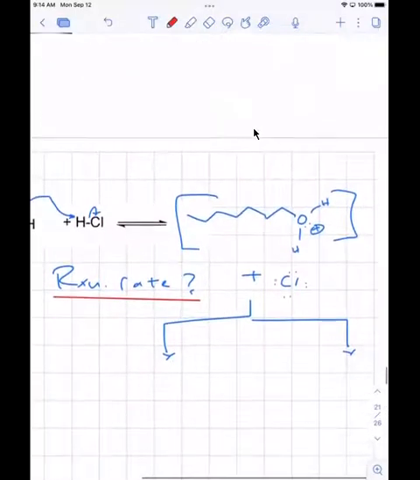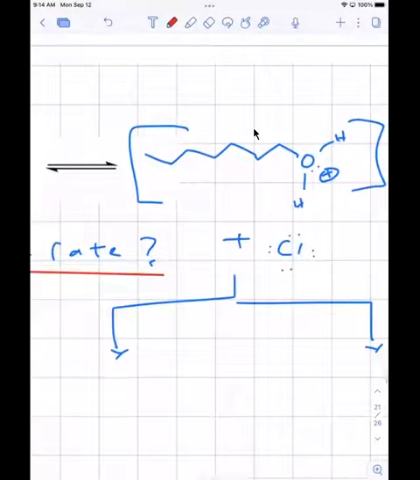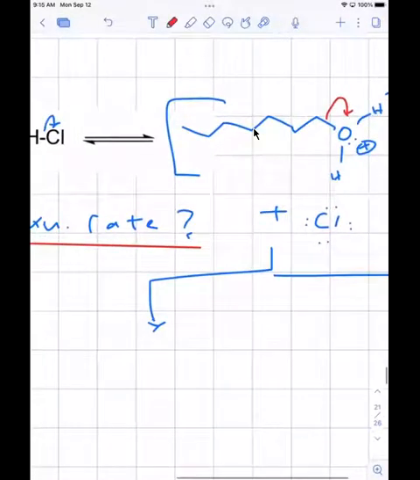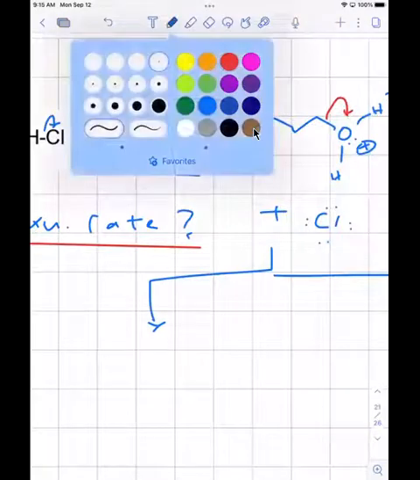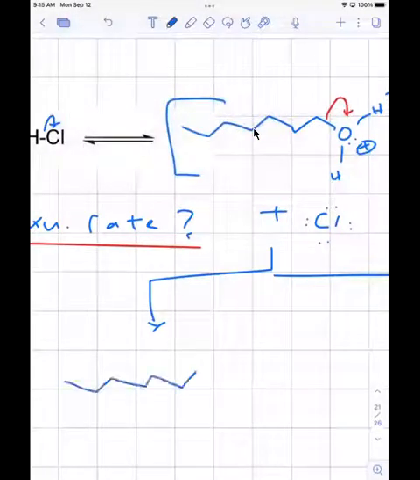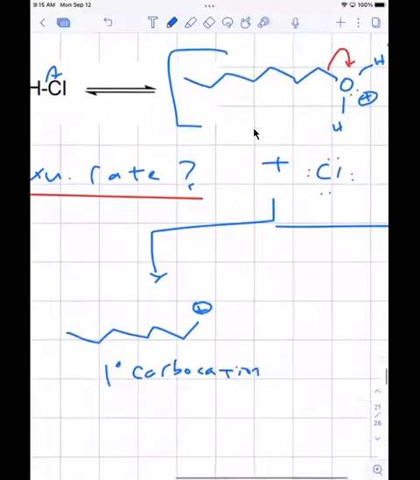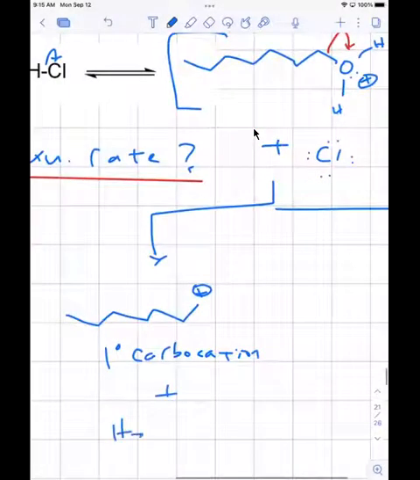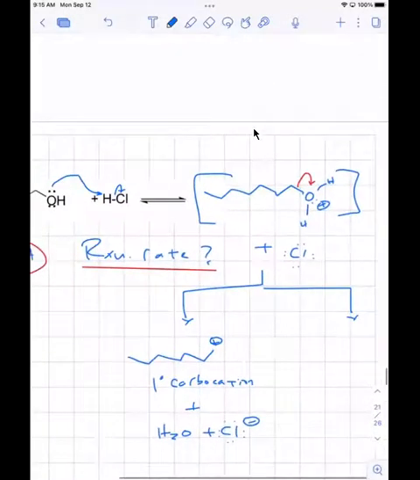And if the mechanism stays the same and the leaving group leaves, I'm going to be left with a primary carbocation plus that. Is that good or bad?